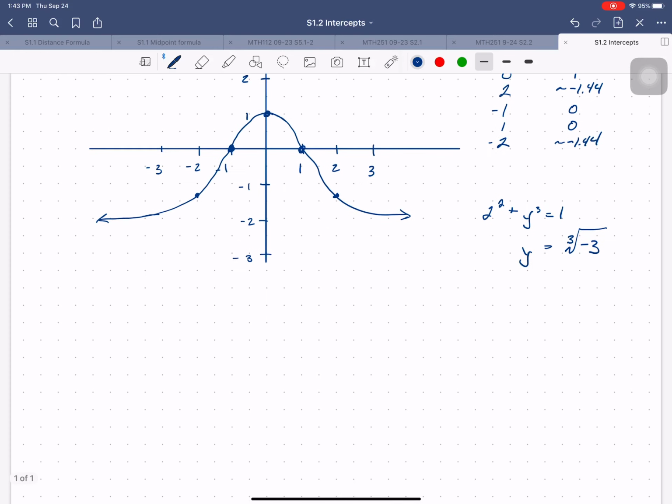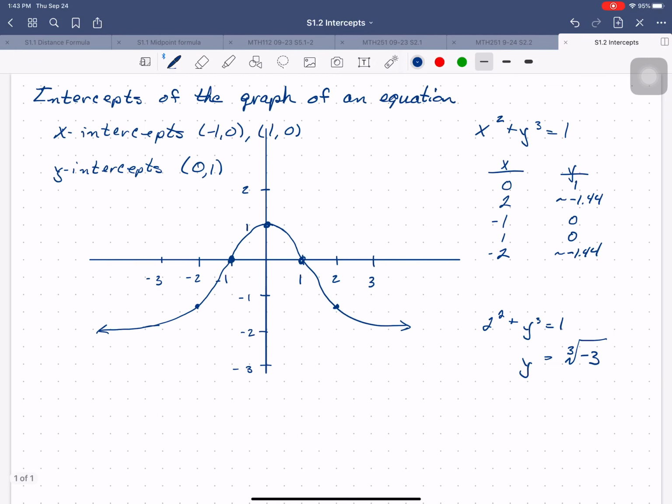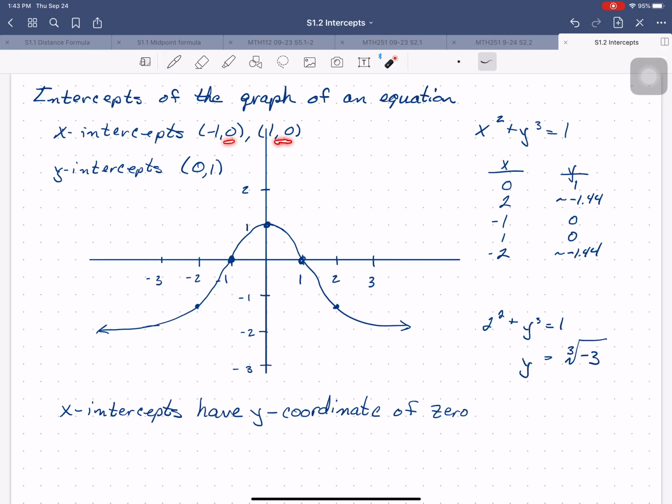So the key here is that X-intercepts have a y-coordinate of 0, as you can see.